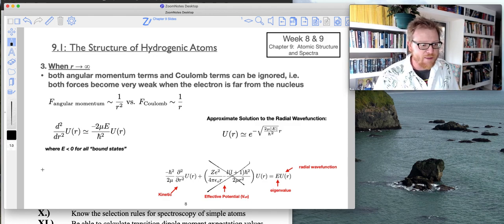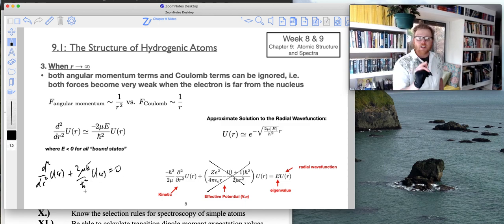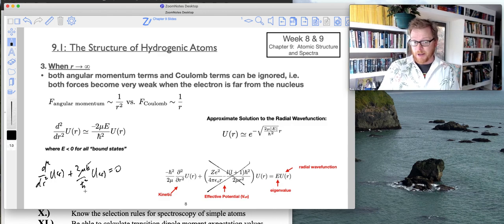And you can see if I keep going through this with our standard ansatz method, I add that over to the other side. That's going to be plus 2 mu E over h bar squared times u of r equals 0. We've solved this. This is literally just our one-dimensional particle in a box wave function, okay? And now, as you're looking at this, you notice that there is this other condition here.